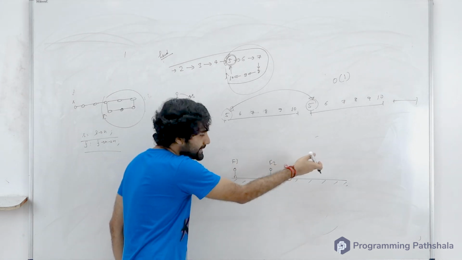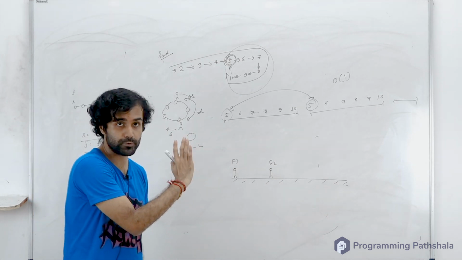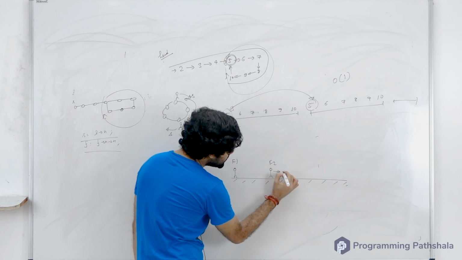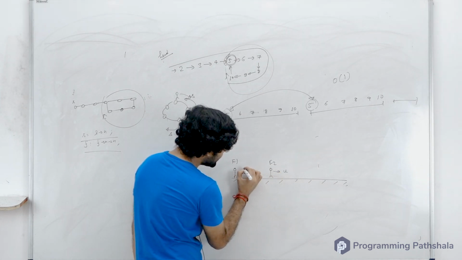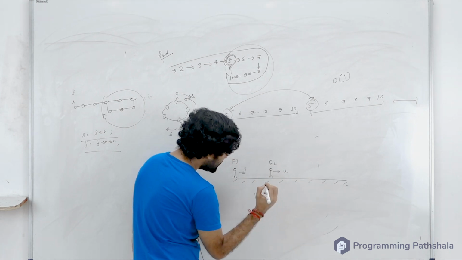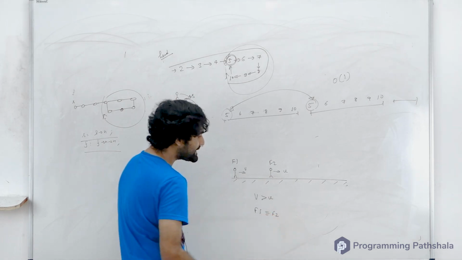Both of them are moving in the same direction, okay? Just keep looking here, okay? This is the most important part of this question. Friend 2 is moving at speed u, and friend 1 is moving at speed v. If v is greater than u, is it guaranteed that f1 will meet f2 at some point of time?